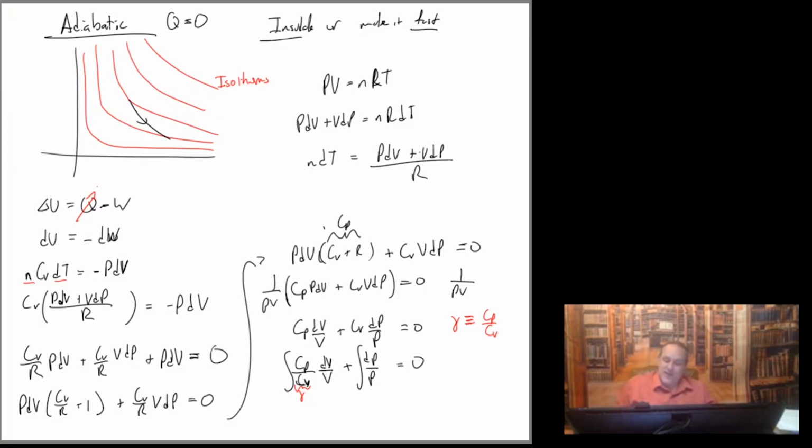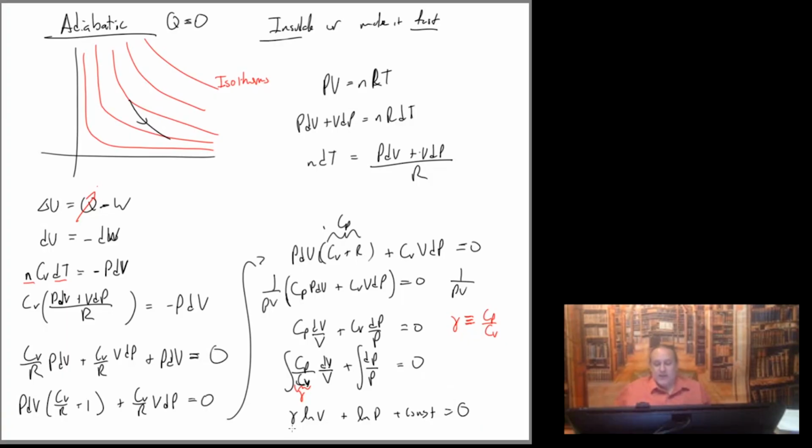So what we get then is gamma times the natural log of V plus the natural log of P plus a constant equals 0.